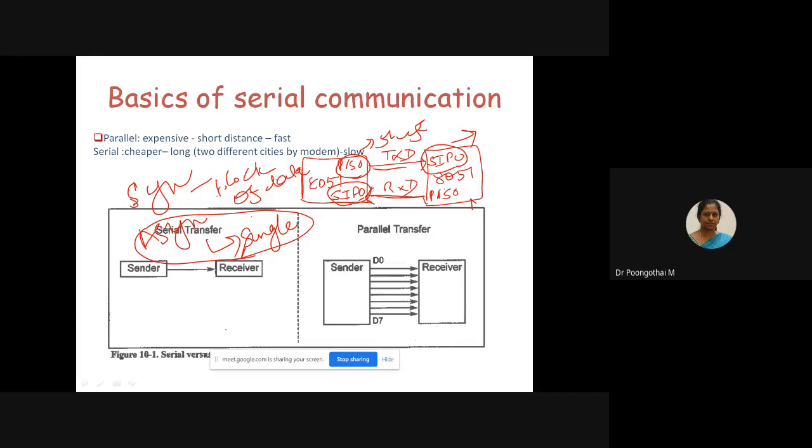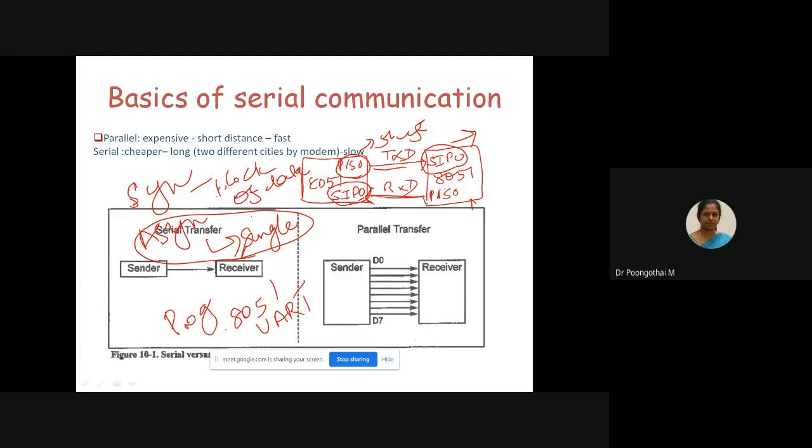So in serial communication, the synchronous and asynchronous methods can be implemented by writing programs, but the programming technique is very tedious and long. For that reason, your 8051 has an inbuilt UART, that is, universal asynchronous receiver transmitter.